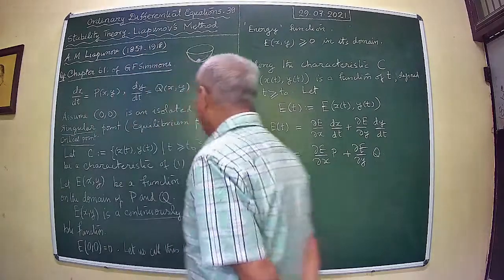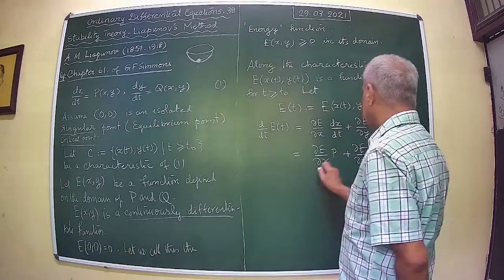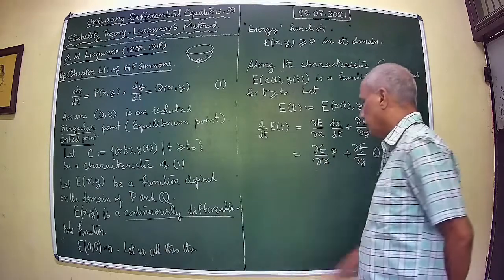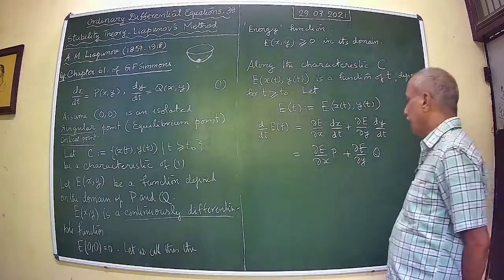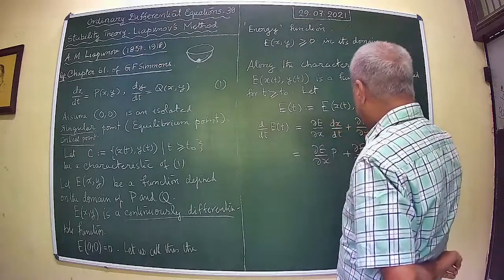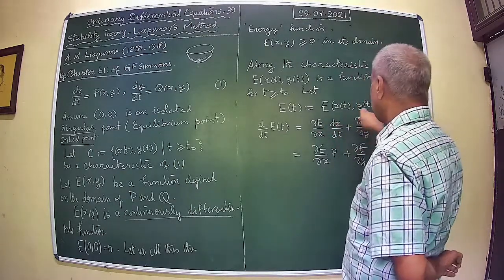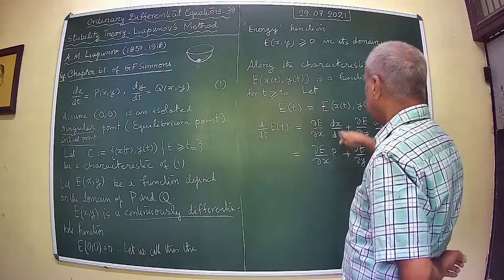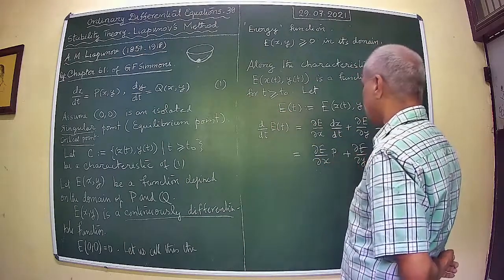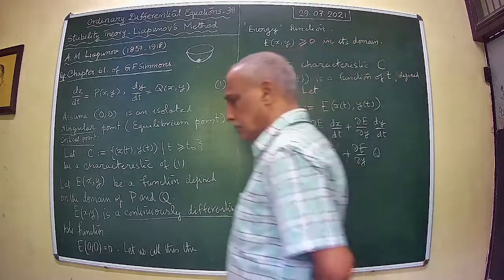Okay, so this is something very important for us. This is because along the characteristic x(t), y(t) you have dx by dt equal to p, dy by dt equal to q, and so we are substituting that. This is what you get.